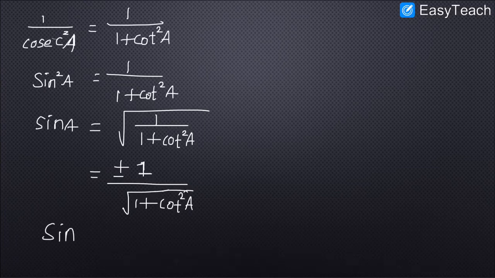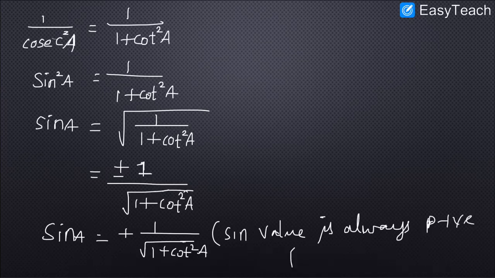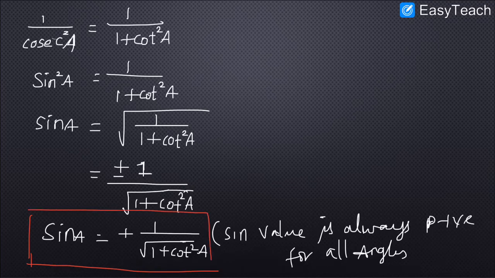Here I choose the positive value for sin a, plus 1 by root 1 plus cot square a. The reason is that sin value is always positive, definitely going to be a positive value, so I choose the plus value. So we expressed sin a in terms of cot a.